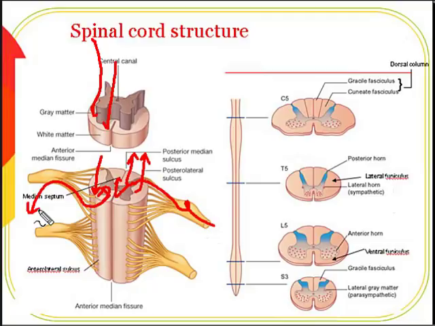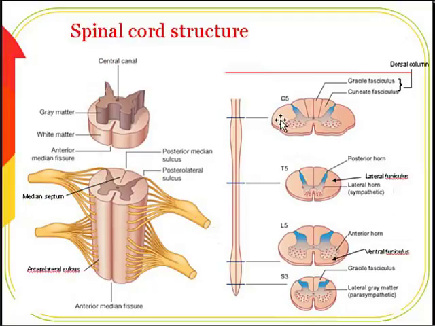So all of this white matter which you see has fibers or axons. These axons may either be traveling upwards towards the brain, or they may be axons which are coming down from the brain and they are present here. So these which go up are known as ascending fibers or ascending tracts. These which travel down are known as descending fibers or descending tracts.